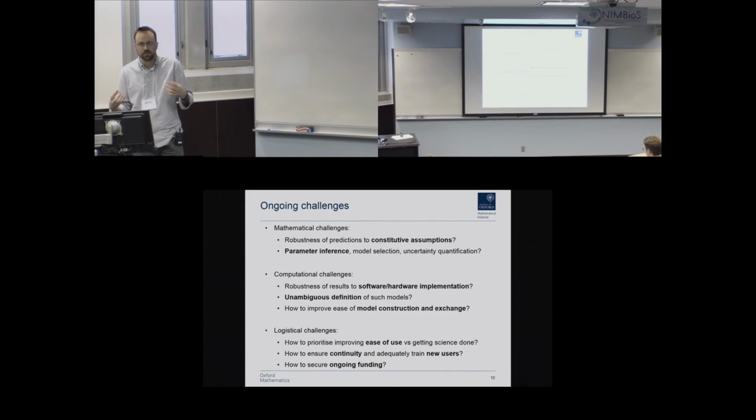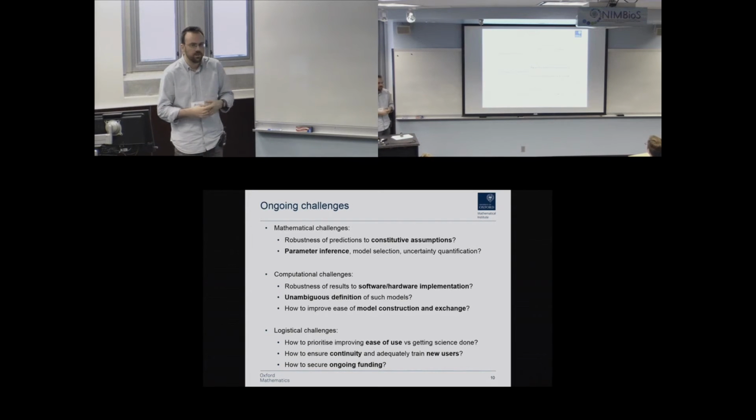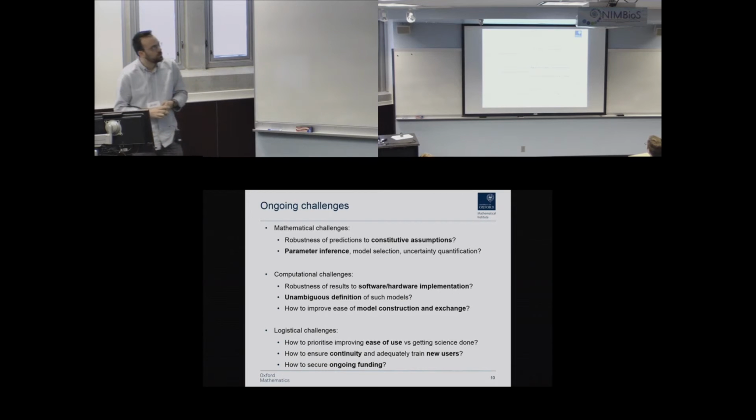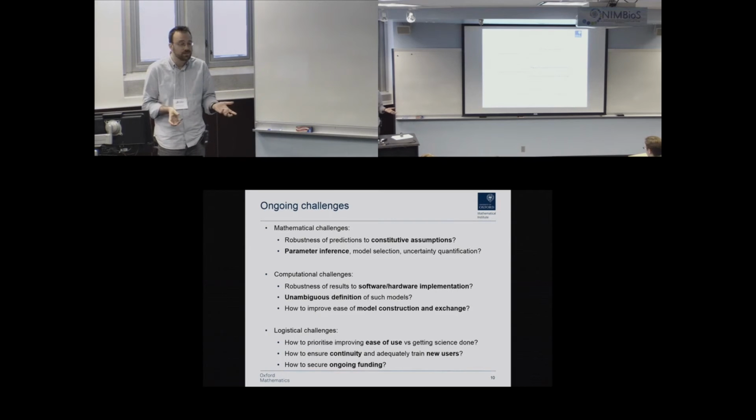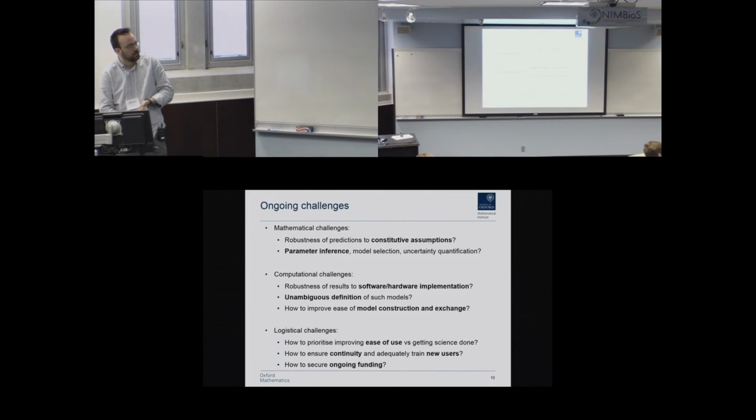Obviously I'm biased, and this is what I think is particularly important, and you may think they're not. Broadly speaking, there are mathematical challenges. For example, to what extent does the prediction of a given model of this form depend on your constitutive assumptions, or even your choice of modeling paradigm?